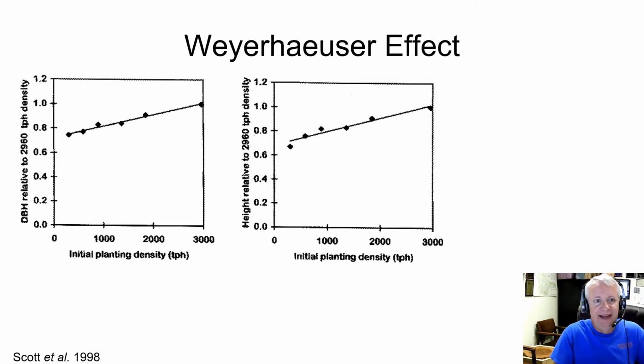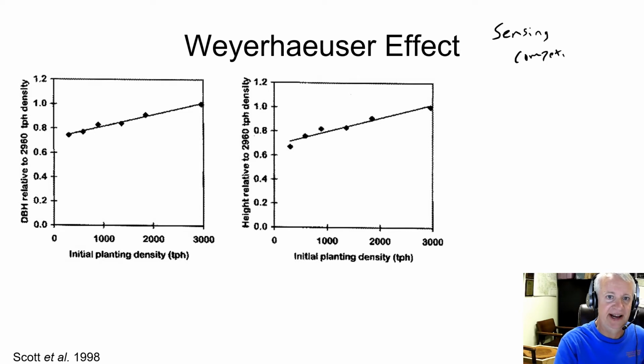So one example of phytochrome is sensing competition. So I'm going to tell a story that started out with a counterintuitive observation.